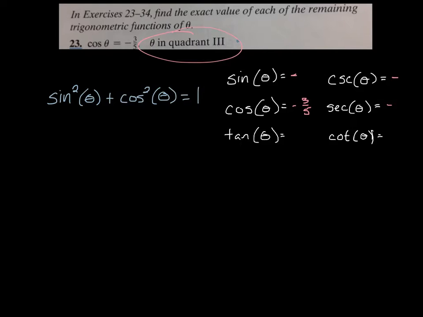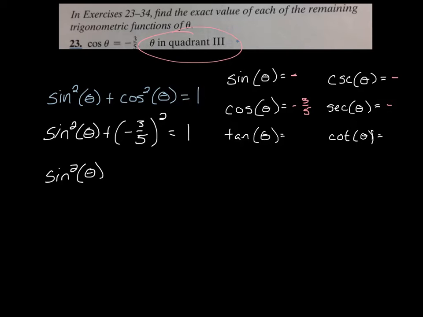So I have sine squared of theta plus cosine squared of theta. Cosine is negative 3/5, so I'm going to plug that in. That squared equals 1. And now I'm just going to solve this for sine of theta. So I get sine squared of theta plus 9/25 equals 1.